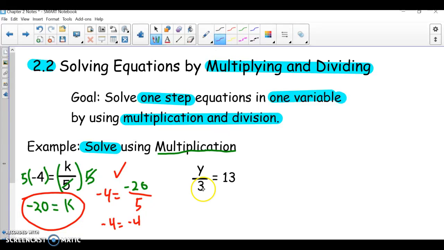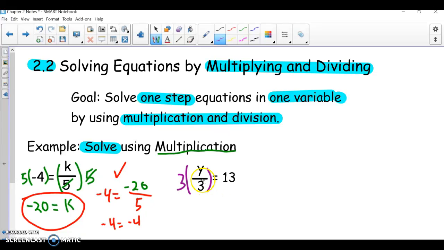As we go to the next problem, I see y divided by 3 equals 13. So mental math says, what value divided by 3 leaves me with 13? So you could do this one mentally, or you could solve it using algebra and saying, I know if I undo divided by 3, I can multiply by 3.